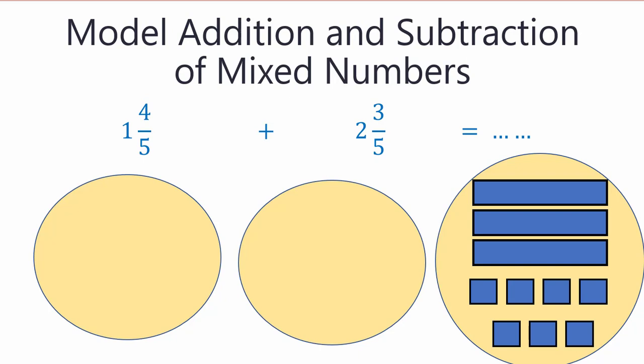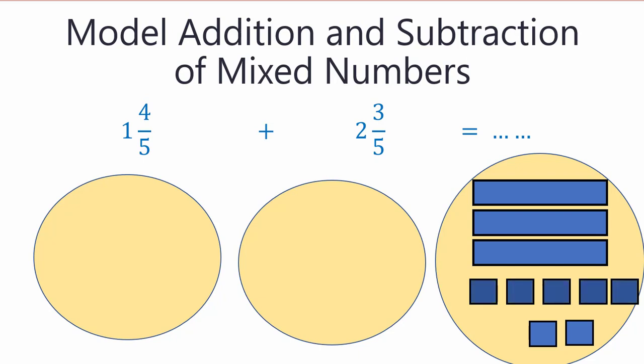I have an idea, since we know that a whole one is 5/5. What about taking one of these and putting it here? So now these are 5/5 next to each other.